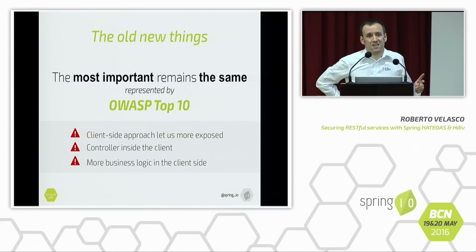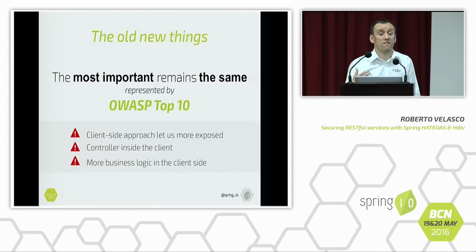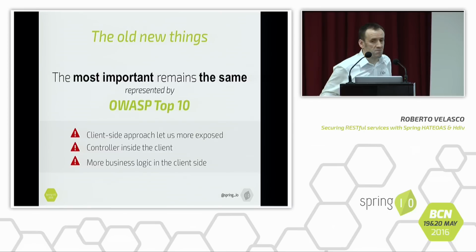But the situation is even worse because in that case, we are exposing more business logic on the client side. If we are using, for instance, an Angular architecture, we have controllers on the client side. We have business logic on the client side. So programmers that maybe don't know about security implement these security features inside the client side. So I think that we are more exposed than we were in a server-side MVC approach.